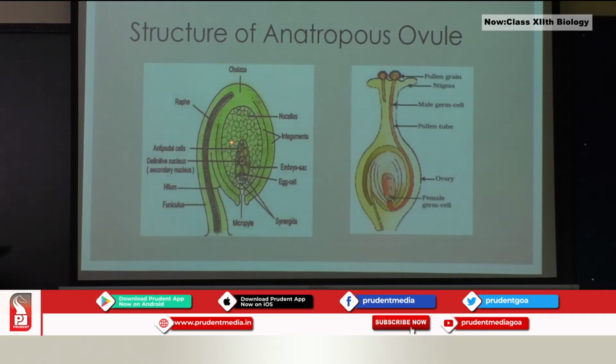This tissue is called as the nucellus. And this tissue is made up of cells called as nucellar cells. So what is the nucellus? Nucellus is the tissue inside the body of the ovule. And what is the nucellus made up of? It is made up of cells called as the nucellar cells, which are diploid cells.